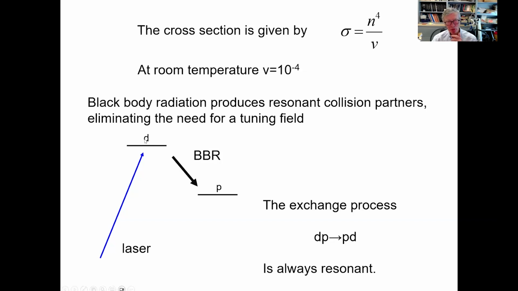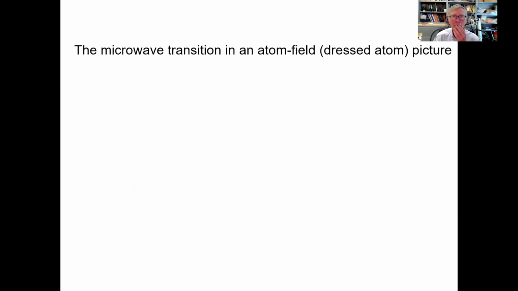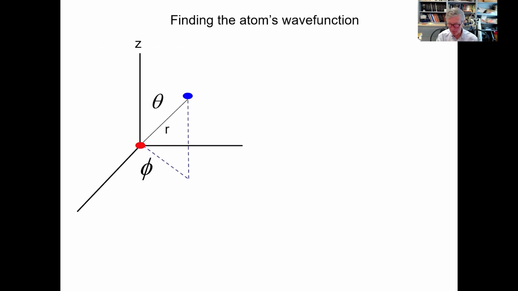Blackbody radiation will drive D atoms, for example, to nearby P and F states that have big dipole moments for these transitions. And then this D atom can collide with that P atom, and they can exchange. It's always resonant, so this will always be there. And if you get to the point where there's a reasonable population in the Rydberg state, this can be a problem.